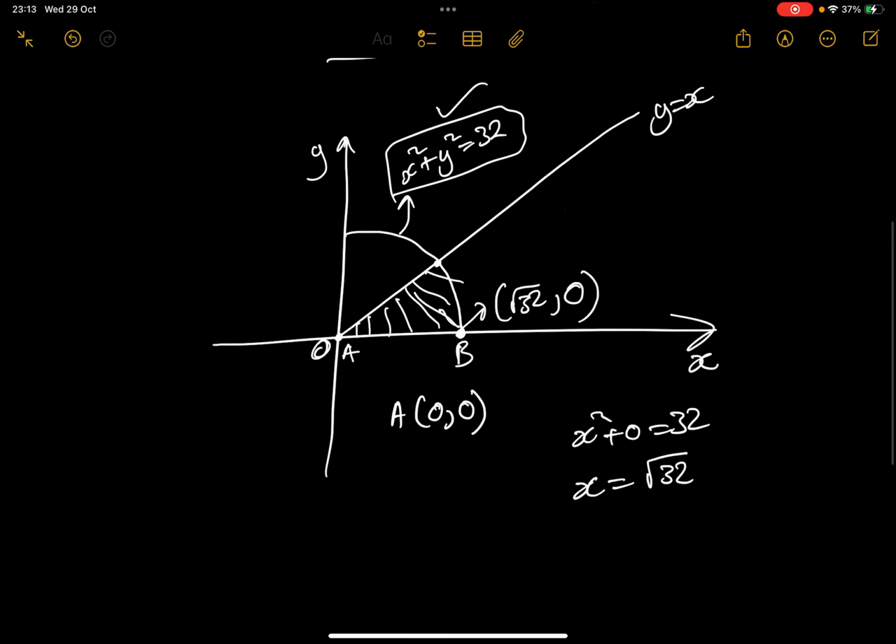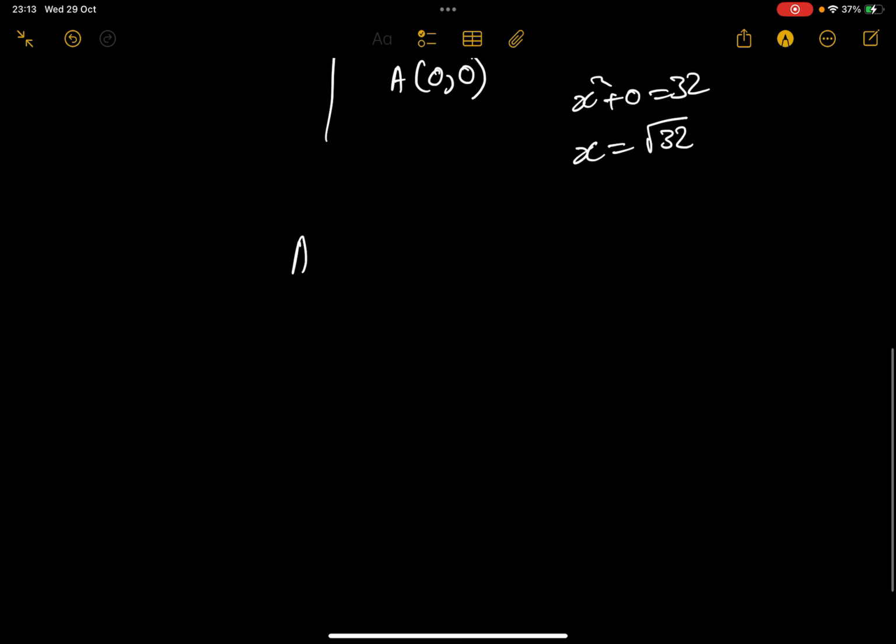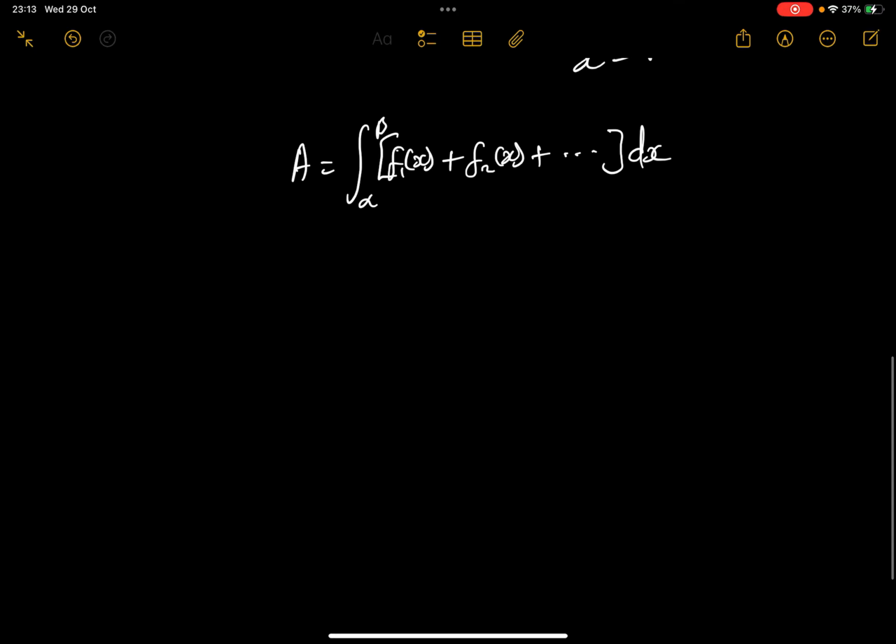So now I can find the area bounded by these three lines. So the area, remember, equals the integral from alpha to beta of f of x plus f of 2x, and there can be as many area functions as you can have.